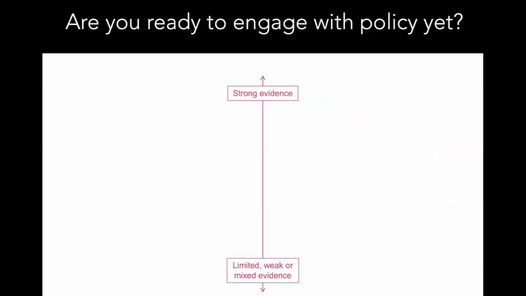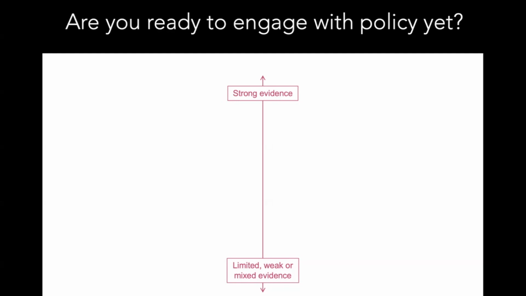So I'm going to give you a 2x2 matrix. And I want you to, first of all, have a think about a part of your research that you think might be policy relevant. So this could be one project, could be one paper that you have written or that you are writing. Could be one theme or strand within your research.